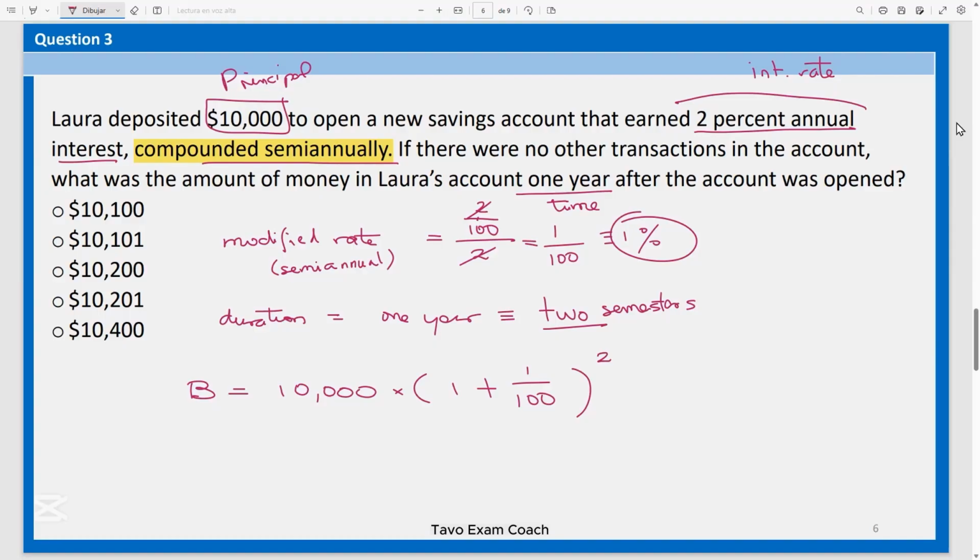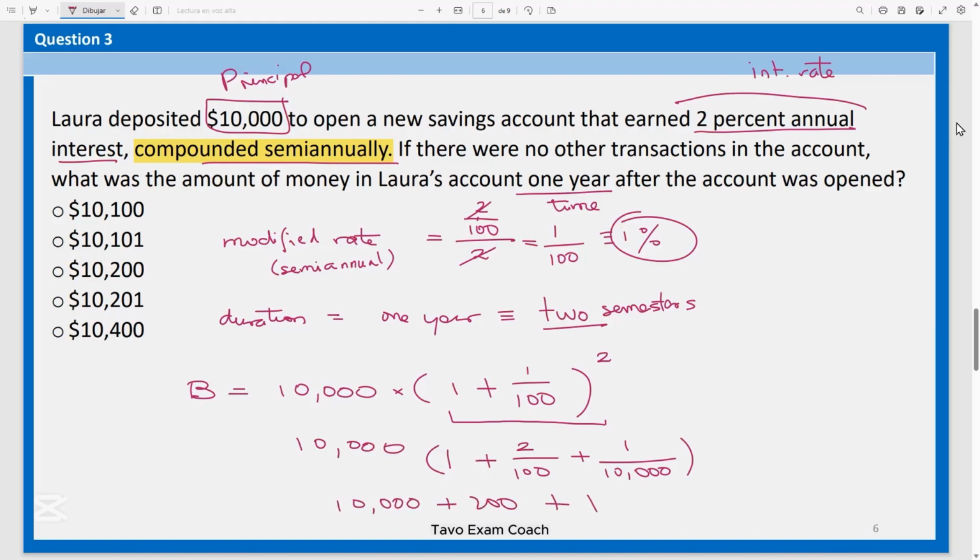Okay, we can use the formula to open up faster the square of a binomial. So you have the square of the first term plus twice the product of the two plus the square of the second term. So we get this trinomial, which multiplied by 10,000 yields 10,000 plus 200 plus 1. So the correct answer choice must be option 4. Let's see another example.